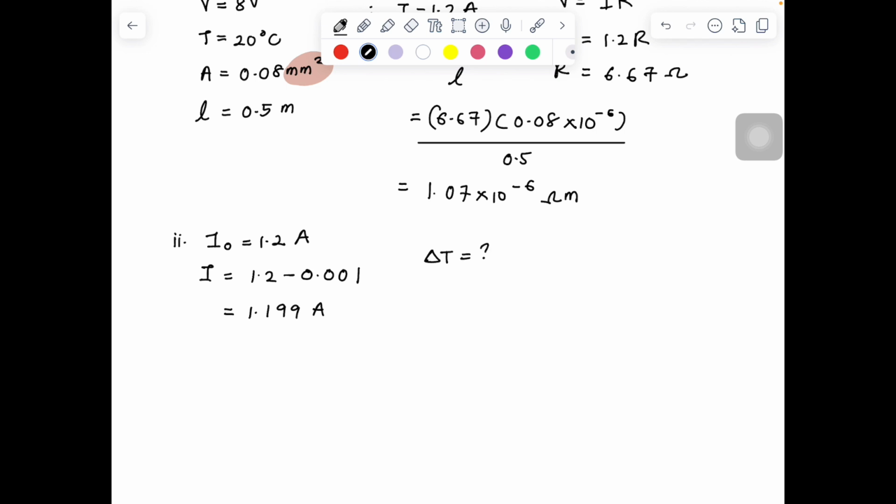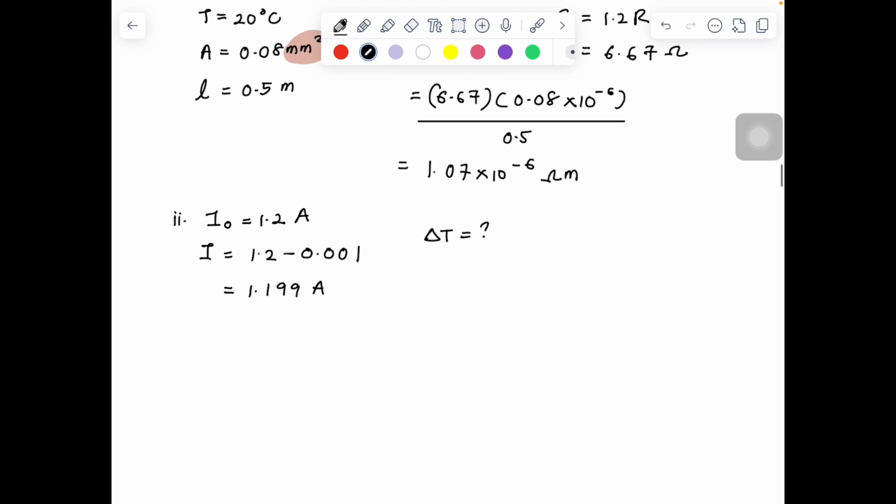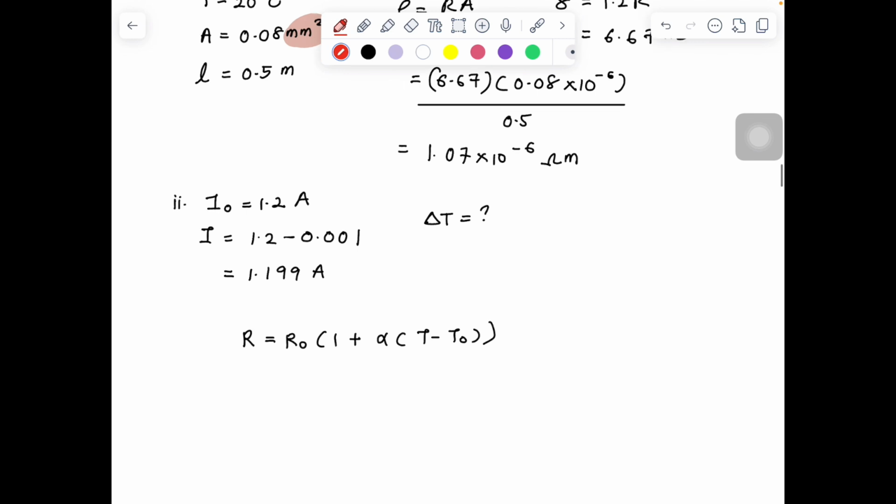Okay, so this one gunakan formula untuk subtopik ni, di mana kita ada R equal to R naught, 1 plus alpha, T minus T naught. Okay, so T minus T naught di sini ni adalah value delta T lah yang kita mau kira tu. Okay, so delta T is what we want to calculate.